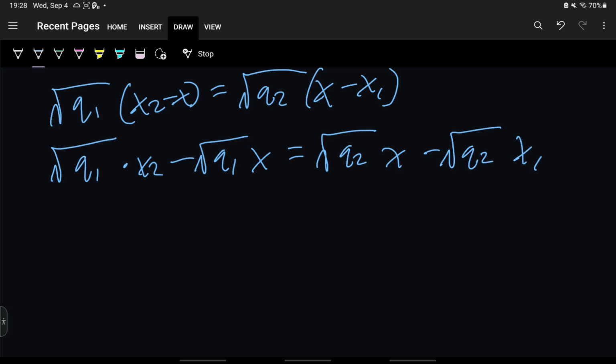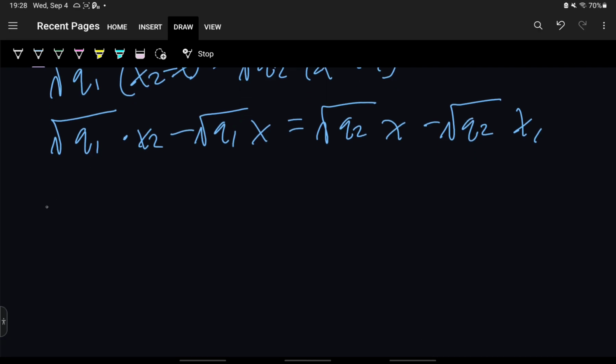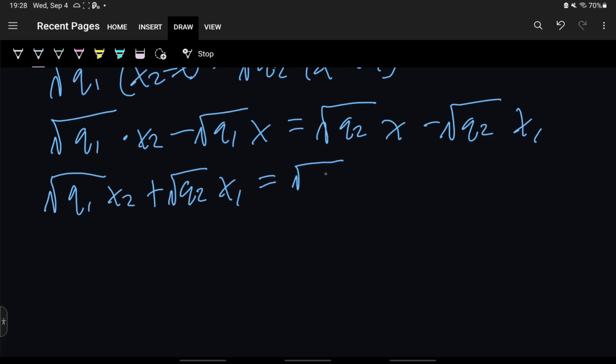We can rearrange the terms to group the x terms onto one side: the square root of q1 times x2 plus the square root of q2 times x1 is equal to the square root of q1 times x plus the square root of q2 times x. And we can factor x on the right-hand side.